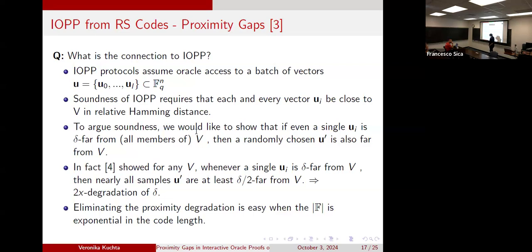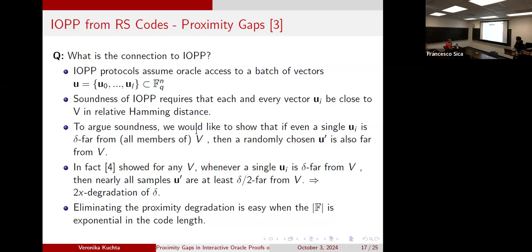Indeed, in one of the previous results, it has been shown that whenever a single Ui is delta far from a Reed-Solomon code, then nearly all samples U prime, not just randomly chosen ones, are at least delta far from a Reed-Solomon code.